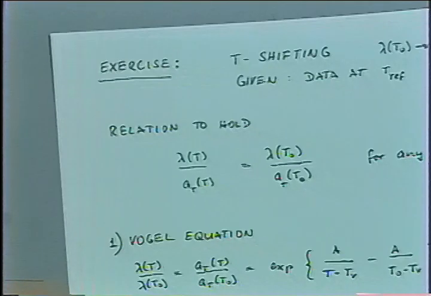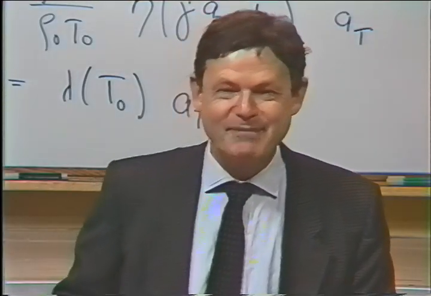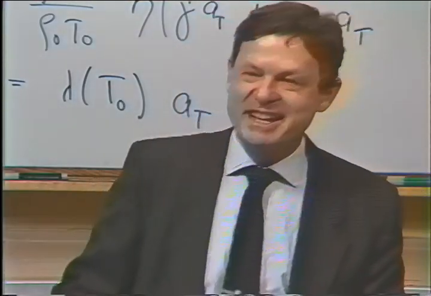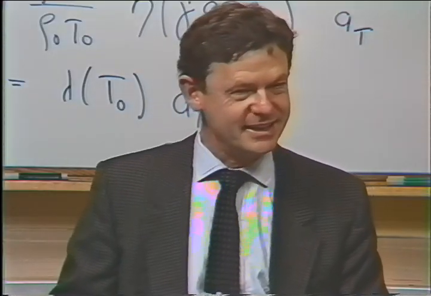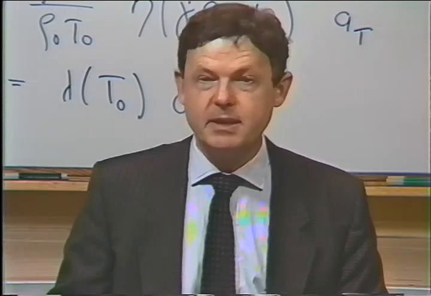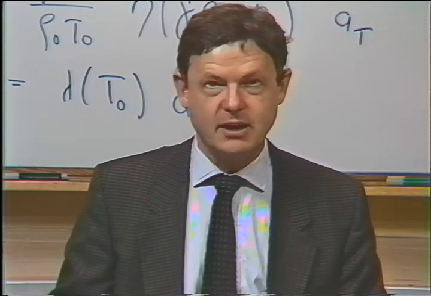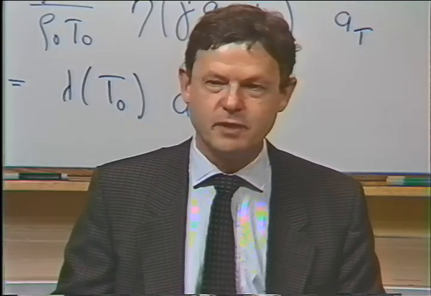And you either check it yourself and believe me, or you don't. So I brought an example. I wanted to show you that those two are really equivalent. It is well known that they are equivalent, and people now prefer the Vogel equation to the WLF because it's such a simpler format.